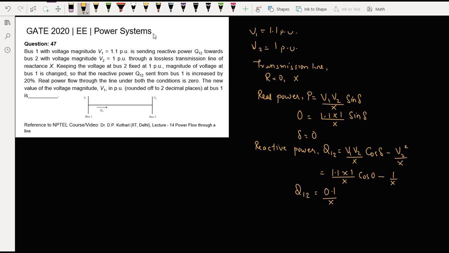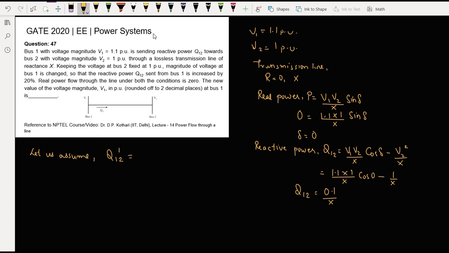Now it is given in the problem that the reactive power that is sent from bus 1 to bus 2 is increased by 20%. So let us assume the new reactive power as Q12 dash.